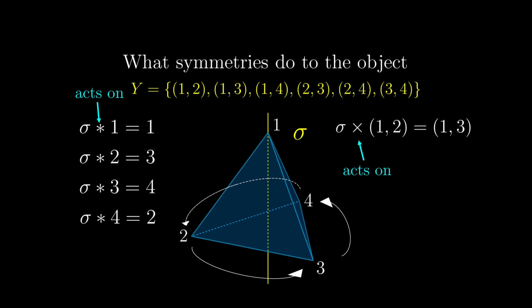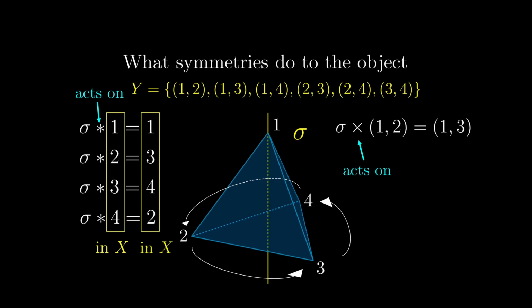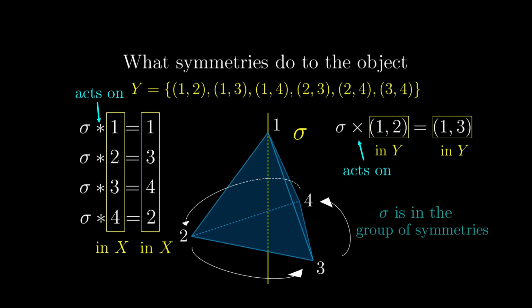The only thing we need to keep in mind is that when we act sigma on something in the set, it outputs something in the set. And this has to be the case no matter what set you take, which can be vertices, edges, or faces. And sigma is just one element in the group of symmetries of the tetrahedron, and we can define actions like what we did to sigma.